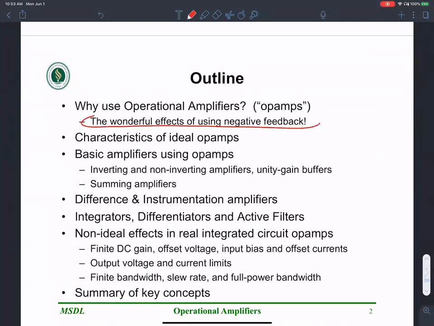It becomes all the more wonderful when we use it in conjunction with negative feedback. Negative feedback is a good thing when it comes to electrical circuits.